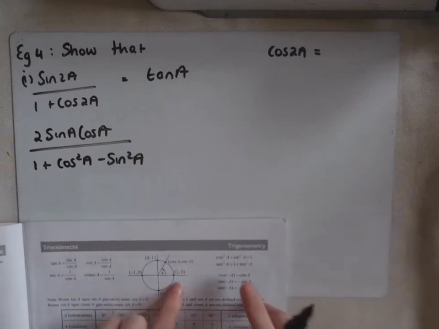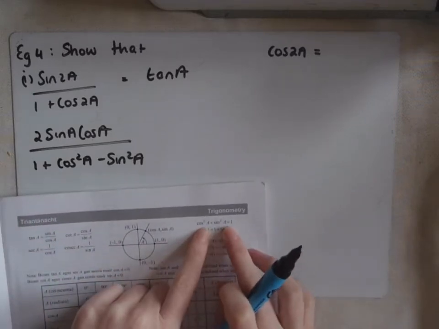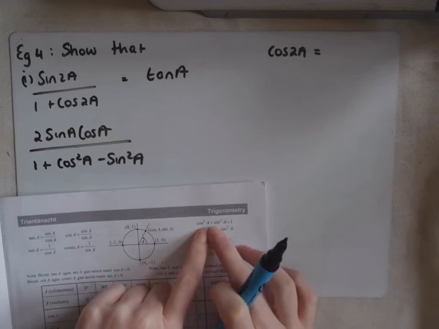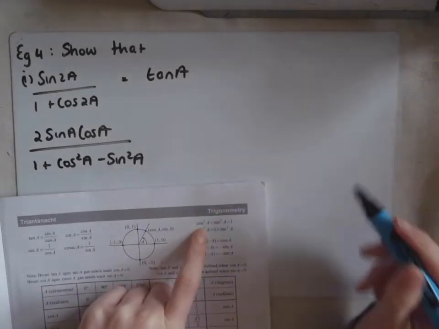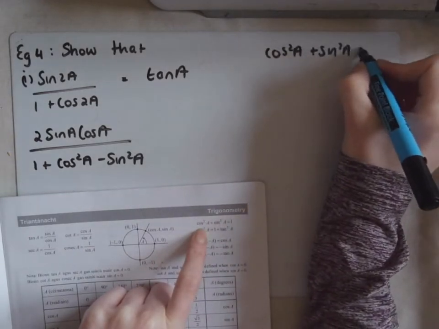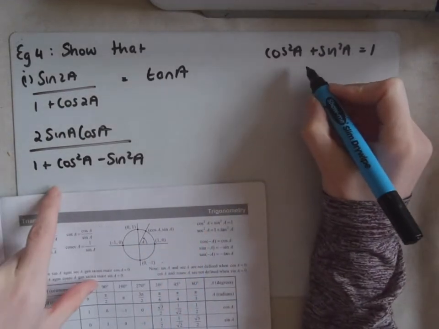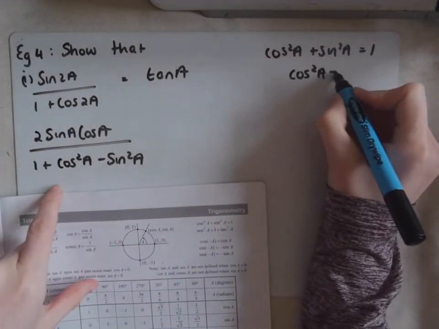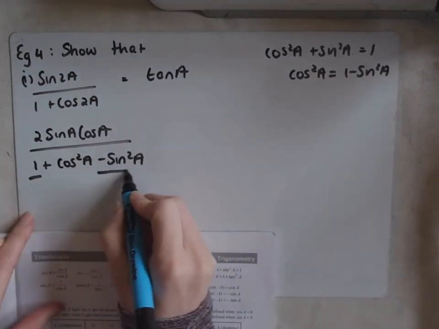So if we go to this formula here, I've got cos squared a, just get rid of that for a second. I have cos squared a plus sine squared a is 1. So cos squared a is 1 minus sine squared a. Well, I have a 1 and I have a minus sine squared a.